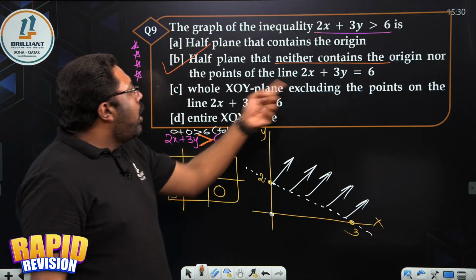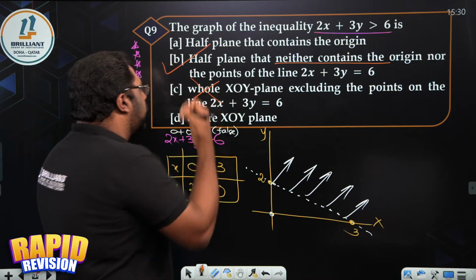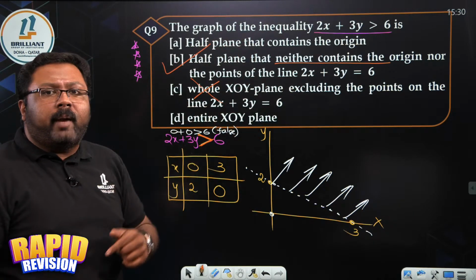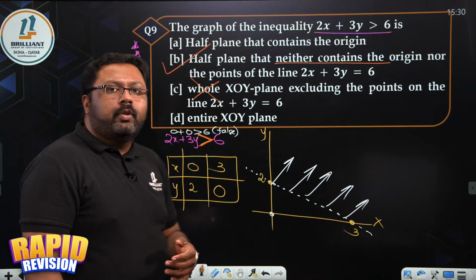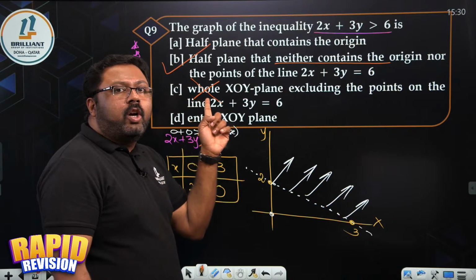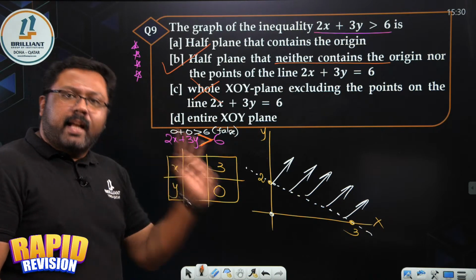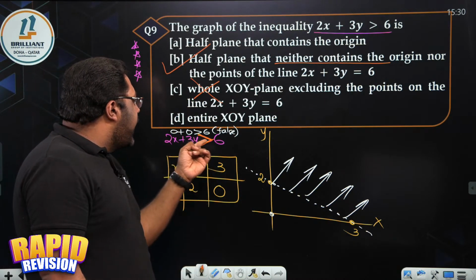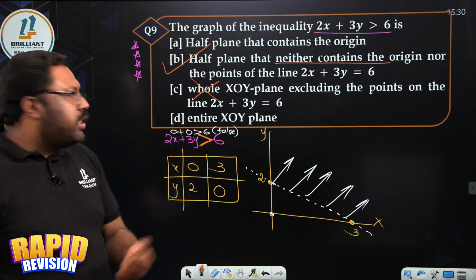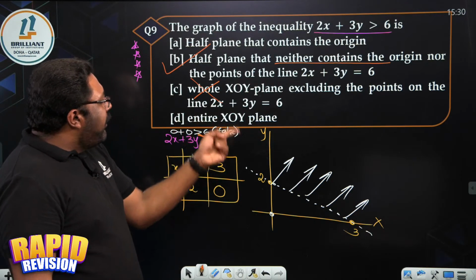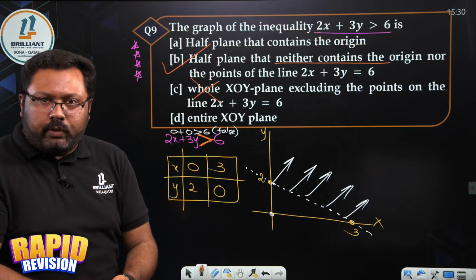Is it the whole plane? Wrong, not the whole plane. Is it the entire XOY plane? No. So what's the option? Half plane. Now careful, does it contain the origin? Does it contain the points on the line? You can decide it from the equation. Check with the origin, 0, 0. If it's false, it doesn't contain the origin.